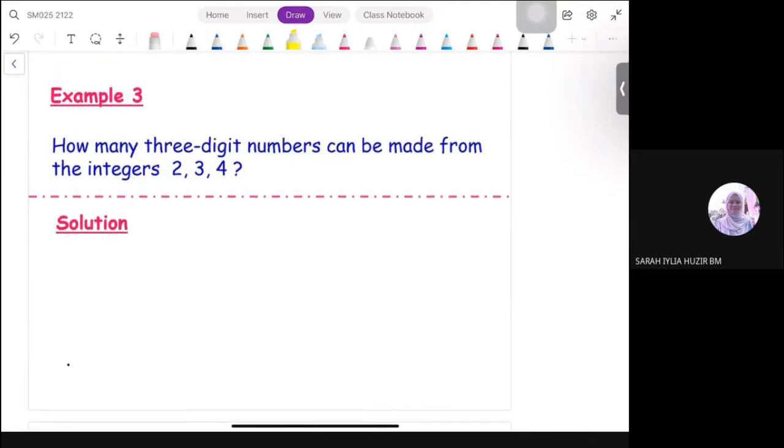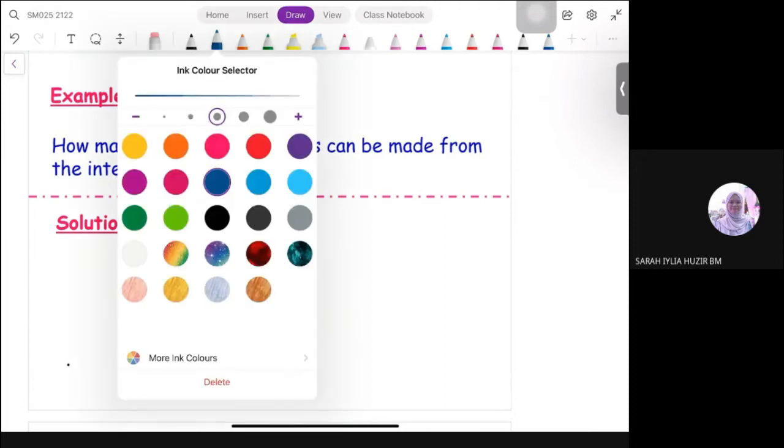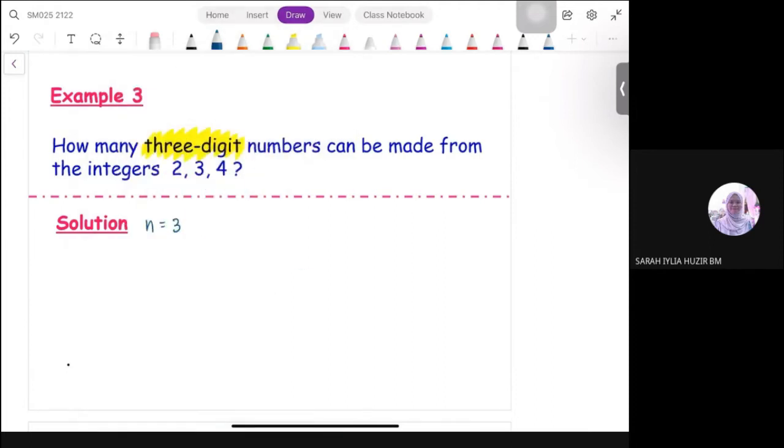Okay, so the first question, how many 3-digit numbers can be made from the integers 2, 3, and 4? So here in this case, we have to arrange a 3-digit number. Means in this case, our n is 3. Okay, so our calculation should be, out of 3 digits, we want to arrange all of it. So 3P3, and this can be simplified as 3 factorial.